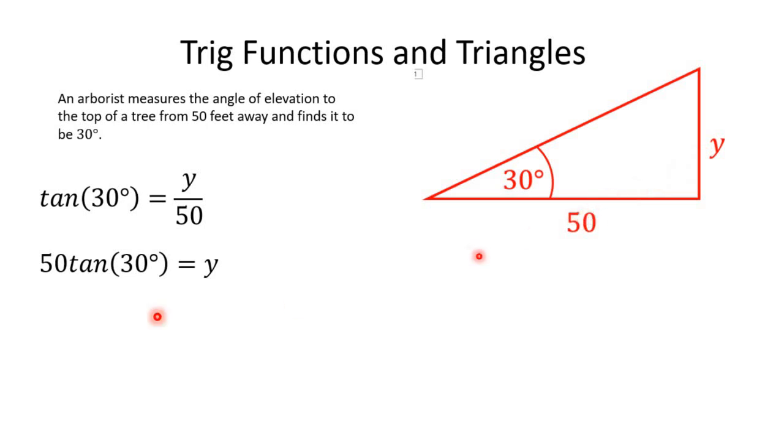And then we can plug this into a calculator. But actually, 30 degrees is a standard angle, so we know this. We know that the tangent of 30 degrees is the square root of 3 over 3, which means that x is actually just 50 square roots of 3 over 3, and that's approximately equal to 28.9 feet.